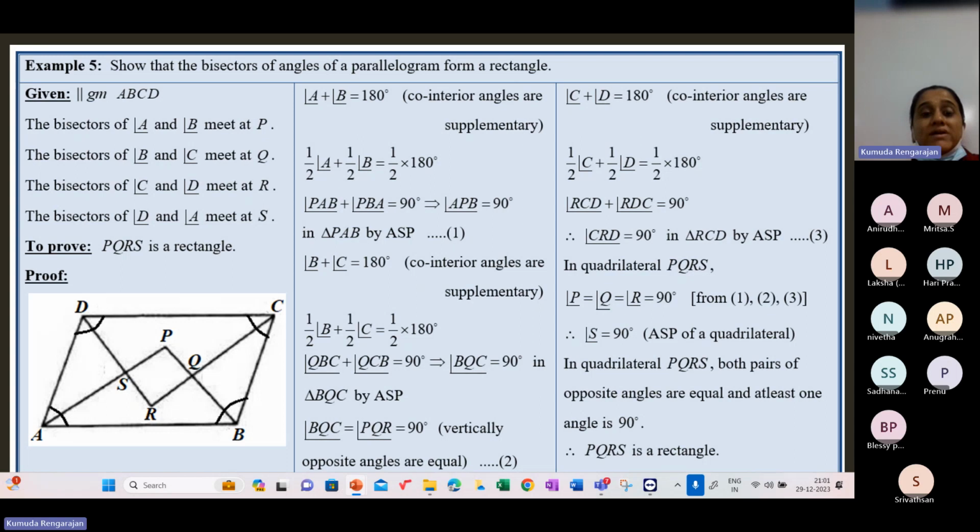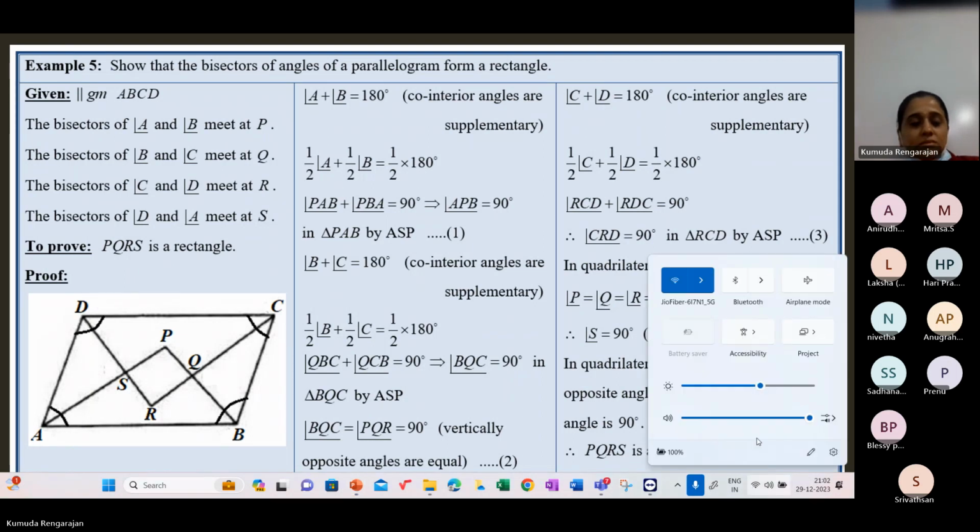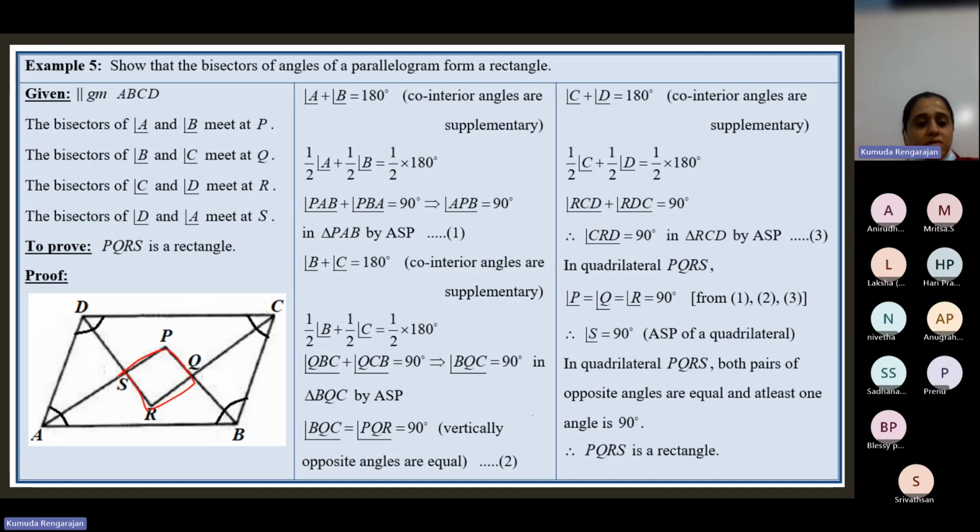This one. The bisectors of the angles of a parallelogram, they form a rectangle. This one is a rectangle.